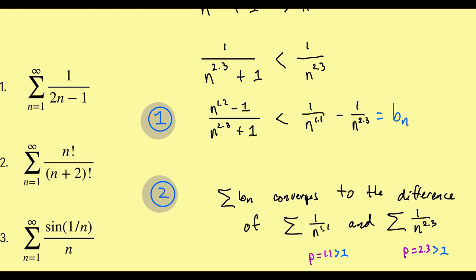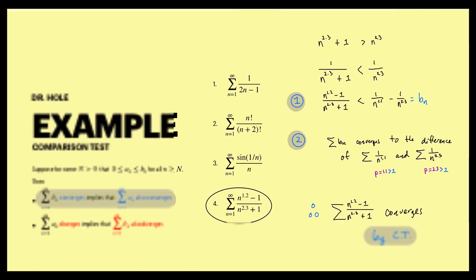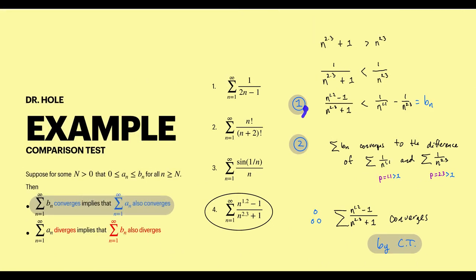Nice. So we have the good inequality, and we have that the BNs determine a convergent series. Therefore, the given series converges by CT. Excellent.